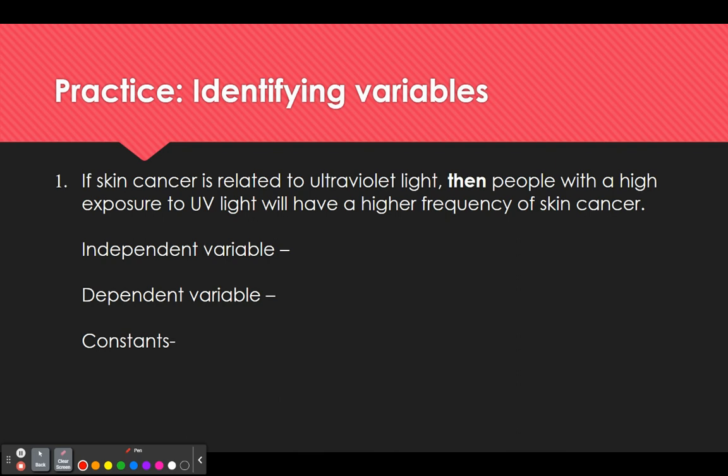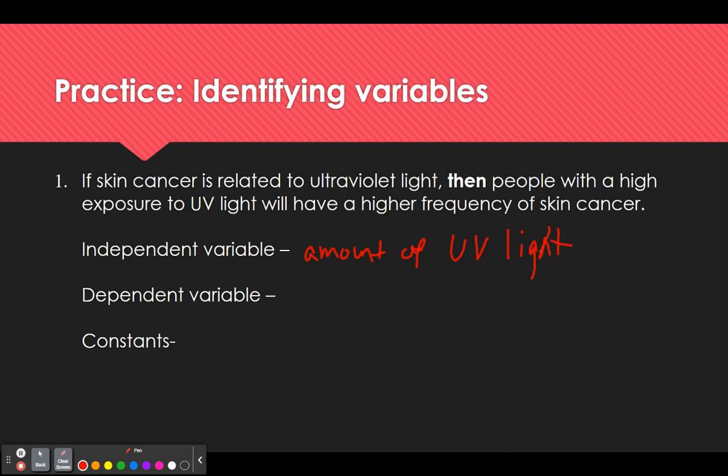So if skin cancer is related to ultraviolet light, then people with a high exposure to UV light will have higher frequency of skin cancer. So if we're saying that skin cancer is correlated to UV light, the independent variable would be the amount of UV light. We would expose people to different quantities.